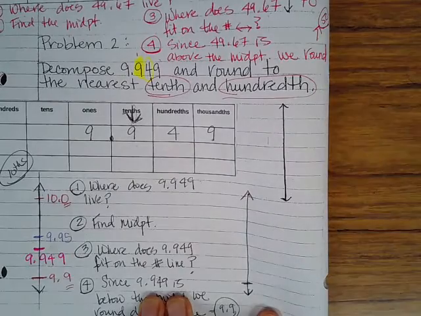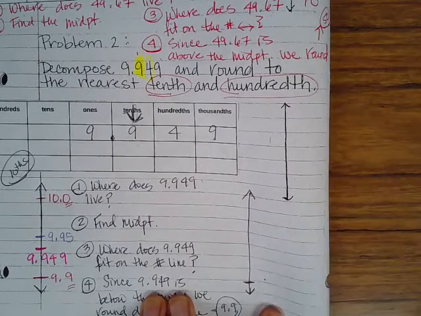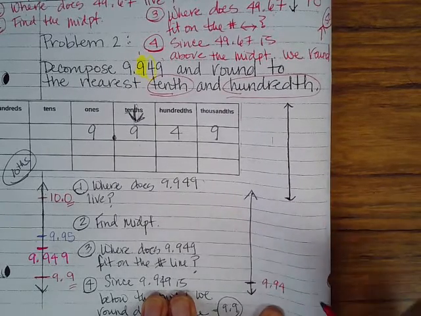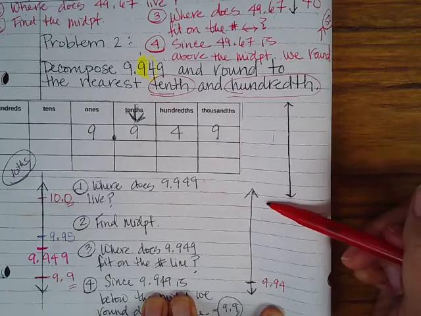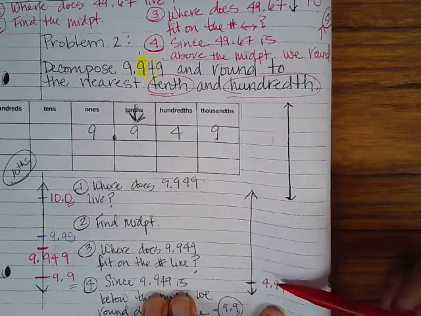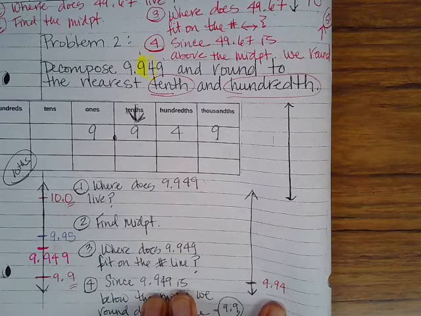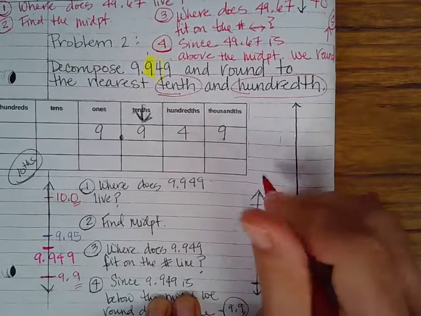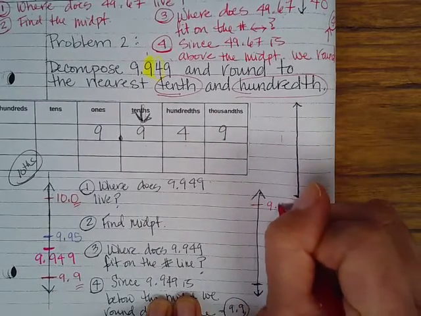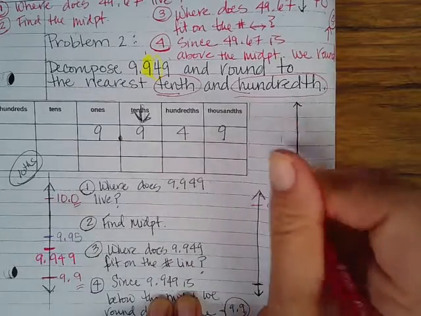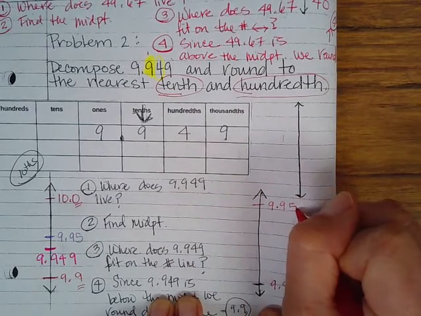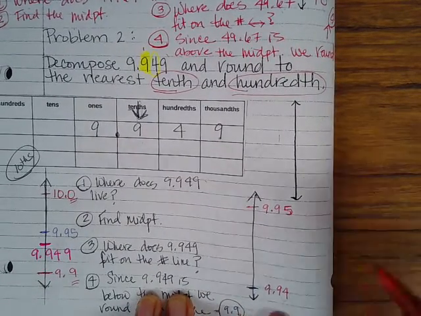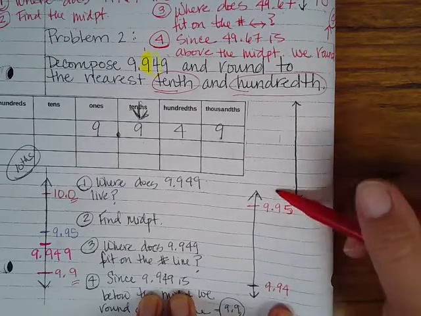That is our smallest hundredth. And then on the other side of that is going to be 9.95. So between 9.94 and 9.95.